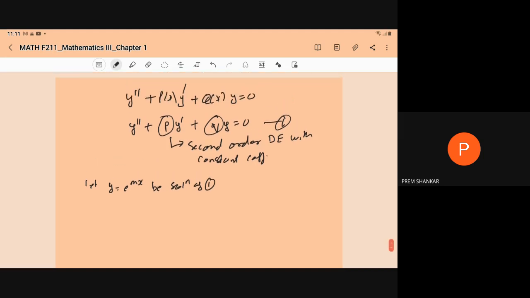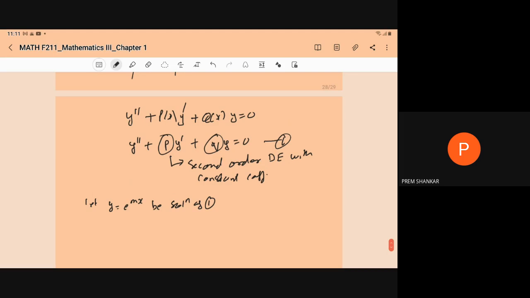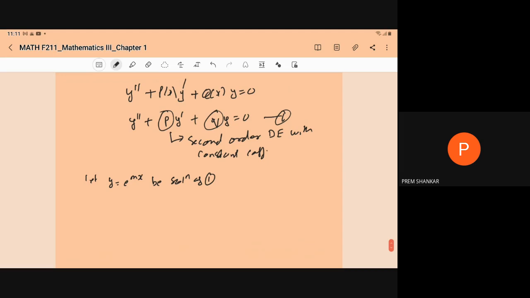Why have we taken e to the power mx? Because here we have y dash and y. The exponential function has the property that after the derivative it remains an exponential. That's why we have chosen this as a solution.